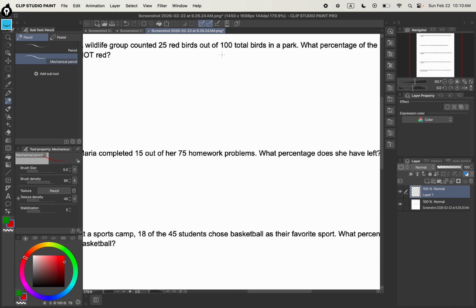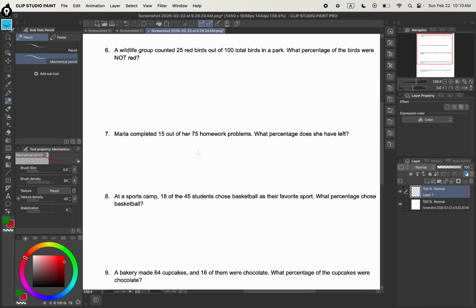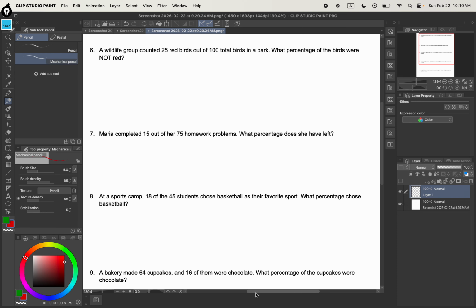Alrighty, next, a wildlife group counted 25 red birds out of total 100 birds at the park. What percent are not red? Okay, so you have 2 options again. You can either do 25, so this is red birds.